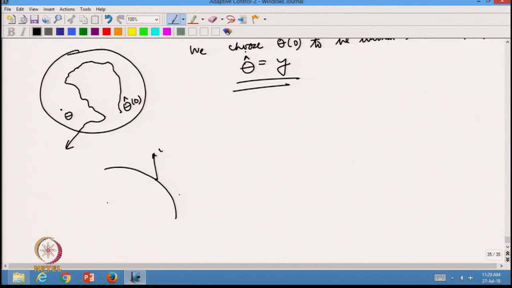So, this y denotes the derivative of theta hat at this point on the boundary. So, let us say this is at the boundary and we calculate the derivative, and based on the theta hat dot law that we had prescribed, we find that it is pointing outside of this convex set.